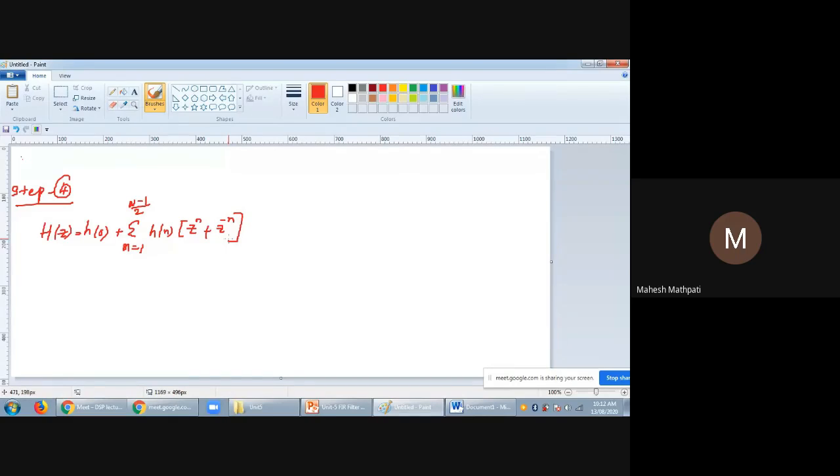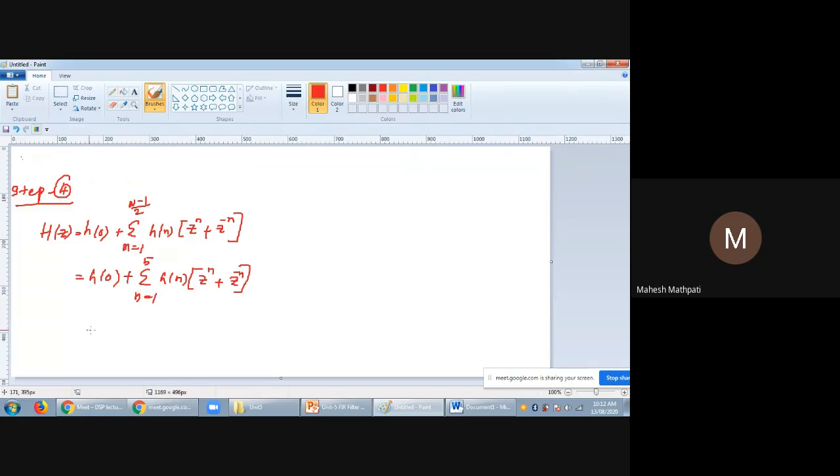Now if I substitute the values, capital N is 11, so 11 minus 1 is 10, 10 by 2 is 5. So the summation runs to 5 of h of n multiplied with z power n plus z power minus n.